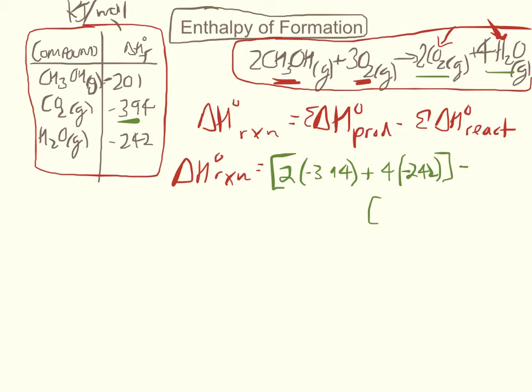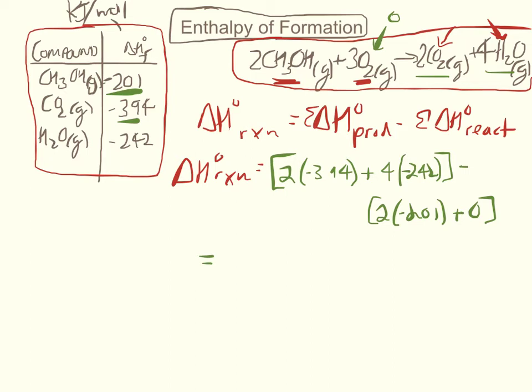Well, CH3OH, it's negative 201, and I have 2 moles of it, 2 times negative 201, plus the enthalpy of formation of oxygen. Well, it's not given in the table. Am I stumped? No. O2 is diatomic, it's in its standard state, so it has an enthalpy of formation of 0.